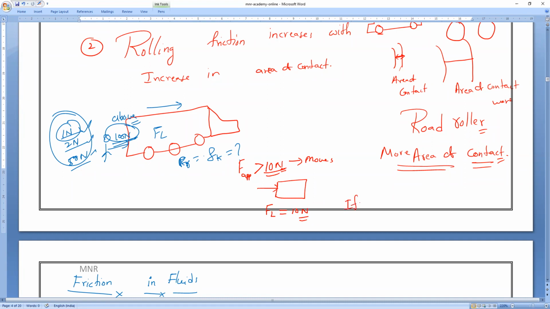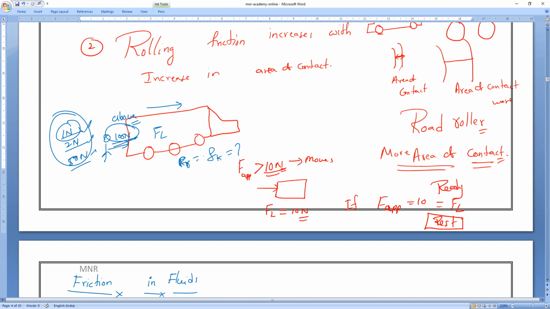If I apply exactly 10 Newtons, the applied force equals F limiting. Now is the body said to be at rest or in motion? Said to be at rest. The applied force equals limiting friction, so it won't move, but it is ready to move.